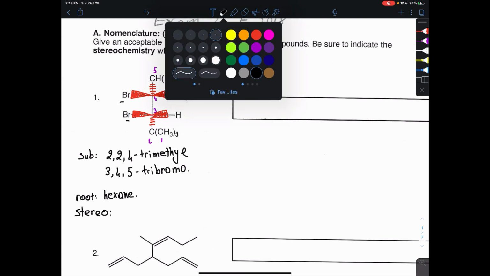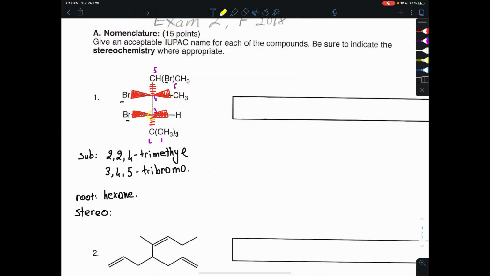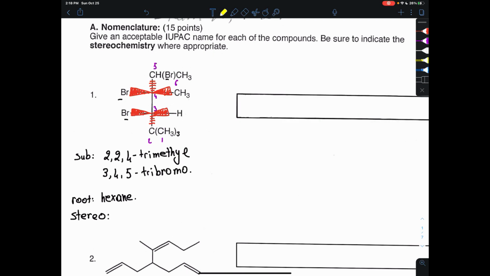If we look at carbon number 3 right here, we see it's connected to a hydrogen, connected to this huge group up there, connected to a bromine, and connected to a CH3. So how your numbering is going to work for this one is number 1 is going to be the biggest group, and number 4 is going to be your lowest group, or your smallest group.